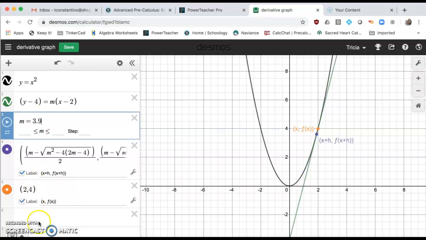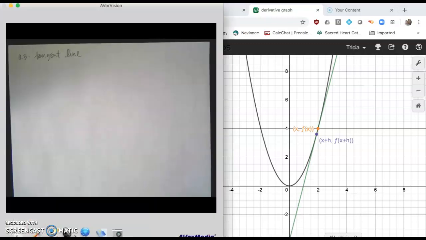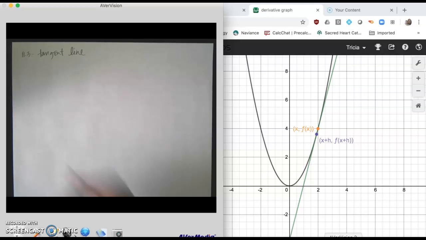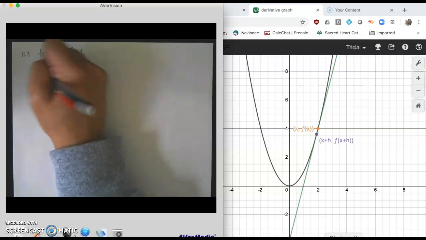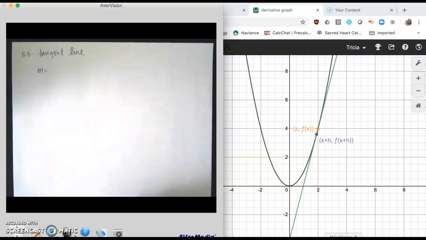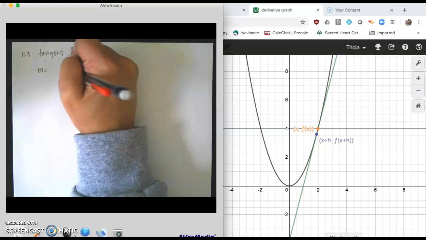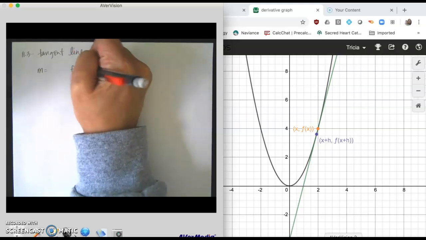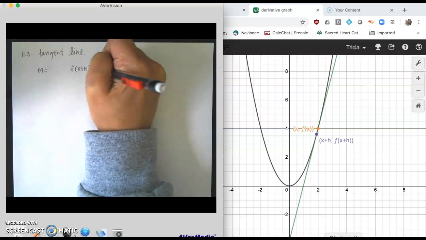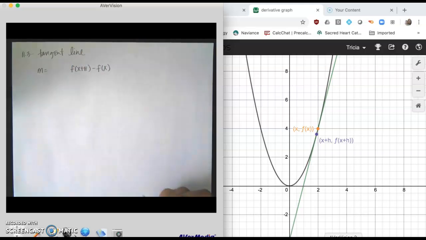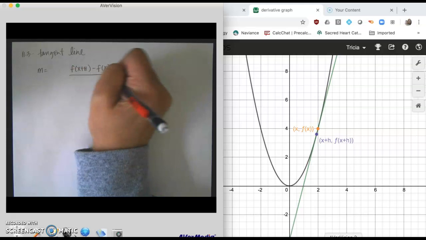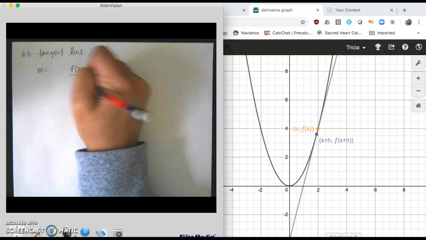Now, if we wanted to find the slope of that line, we're going to be able to use your algebra, right? So to find a slope between 2 points, you would take your y values, in this case f of x plus h, and you subtract the y value of the other point, and it's all divided by the x values.